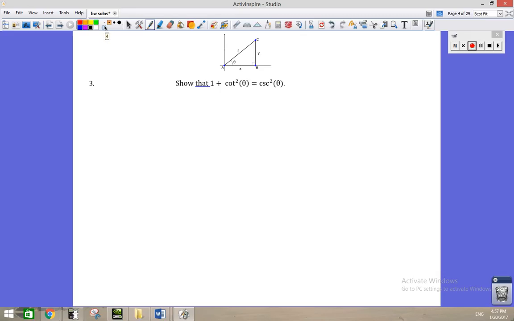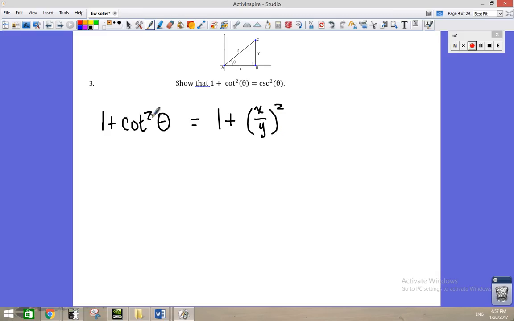If I were doing this, I would start with the left-hand side because it's more complicated than the right-hand side, and I would try to simplify these two terms to be a single term. I know that I can express the cotangent of theta as x divided by y. That's how we define that ratio.